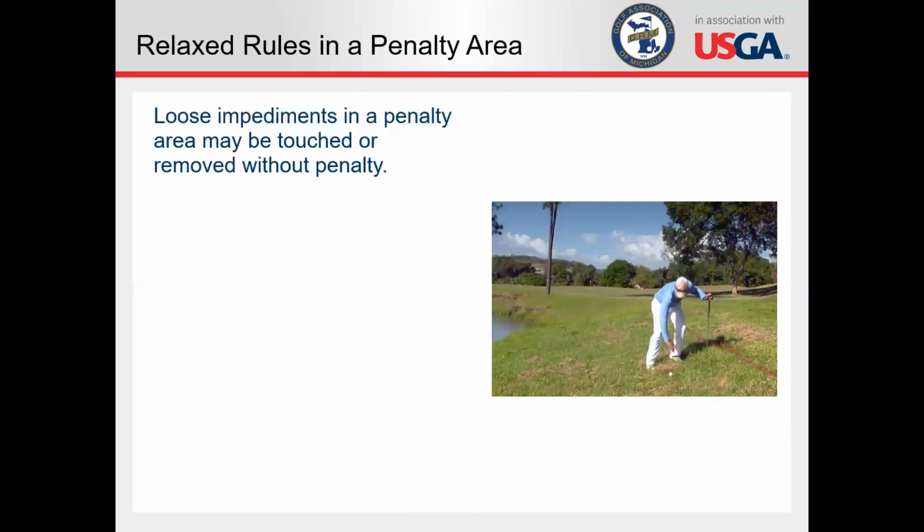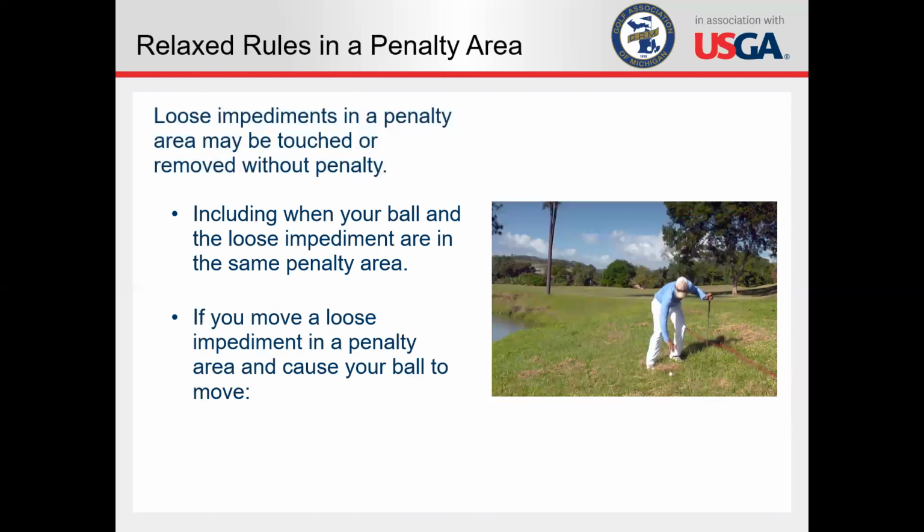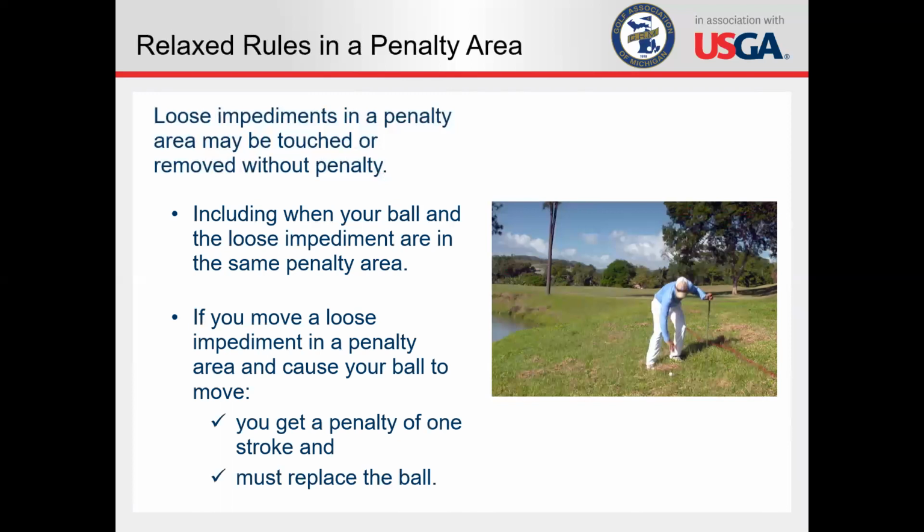You can remove any loose impediments. But like I said, if you do move it and in moving it you cause your ball to move, you are going to have a penalty. In that case, you would just get a penalty of 1 stroke, and you need to replace the ball.